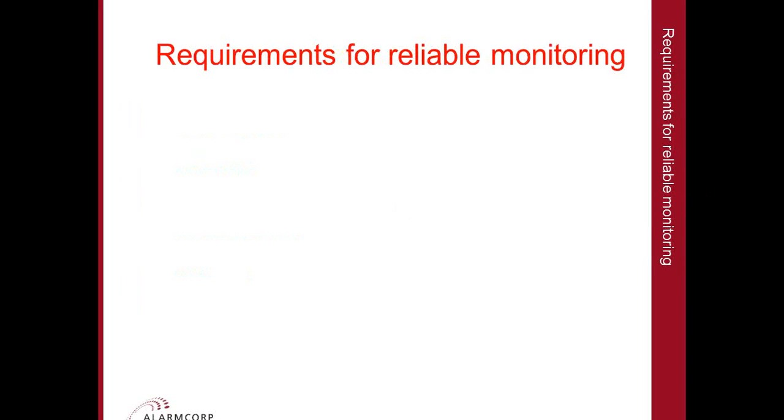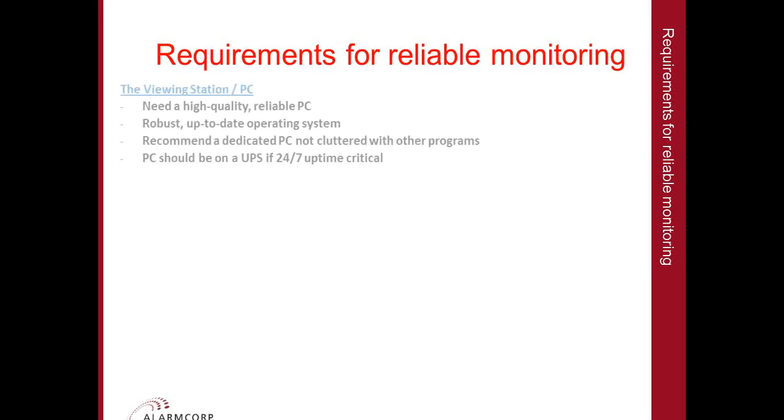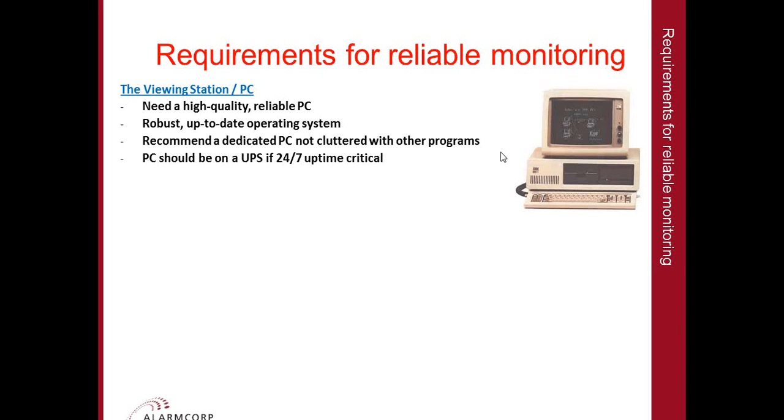Okay, now let's talk about the requirements for reliable monitoring. What do we actually need? Well, first of all, we need the viewing station or PC. We need a high-quality, modern, reliable PC, not like the one that's shown here. We need a robust, up-to-date operating system, and as we all know, invariably today that's going to be some flavor of Windows, but we also know that certain flavors of Windows are more robust than others.